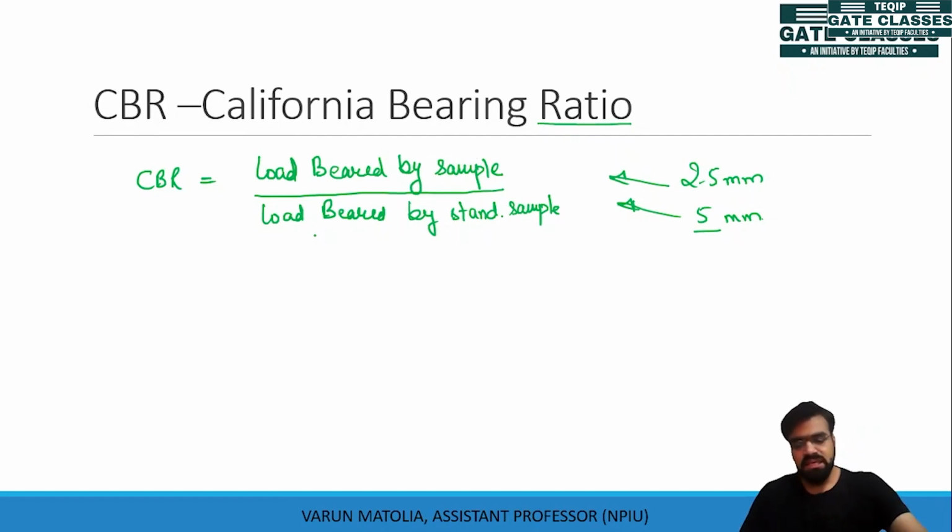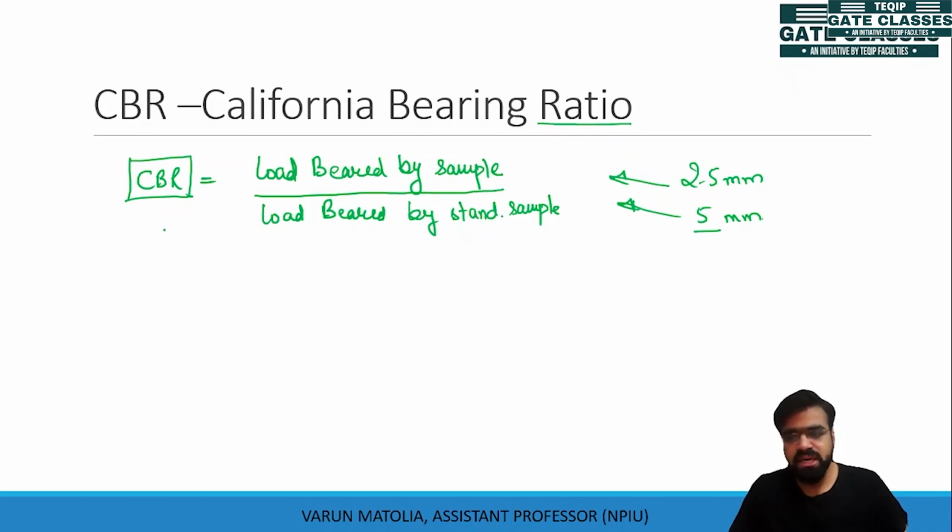So let us see what the test arrangement and test procedure are. This CBR value is actually very important for design in flexible pavement. In coming lectures, we will see design of flexible pavement, and there we will find the importance of CBR value.